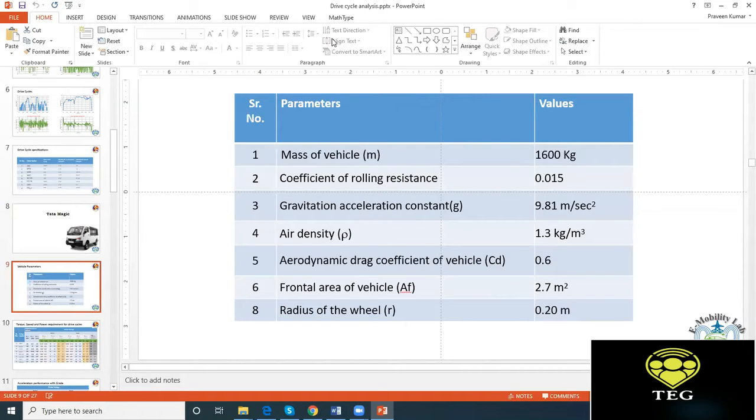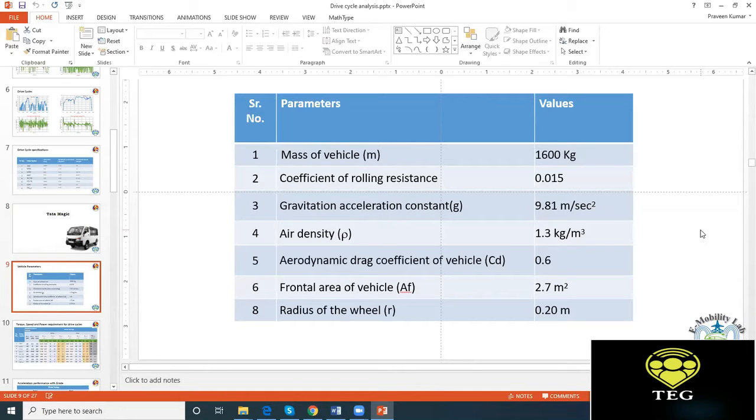If you remember, in our course there was vehicle dynamic modeling, which was module 2, if I'm not wrong. Modules 2 and 3 had a lot of mathematical equations, and in those equations we had parameters like the mass of the vehicle, which happens to be 1.6 tons for Tata Magic.